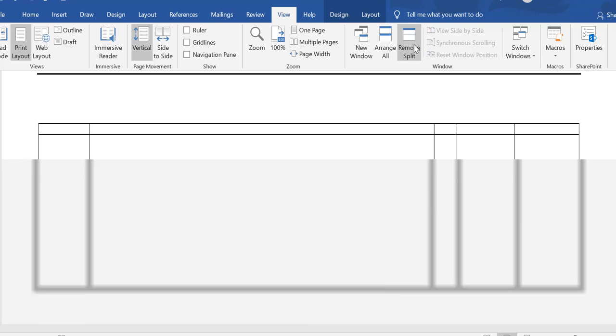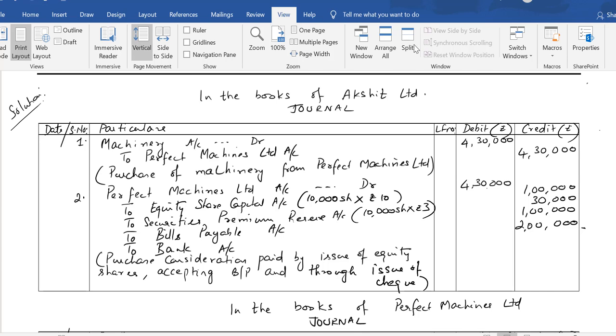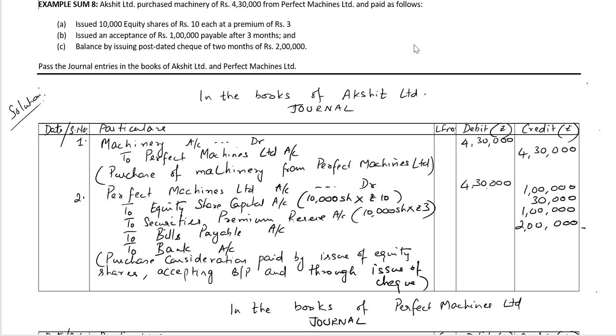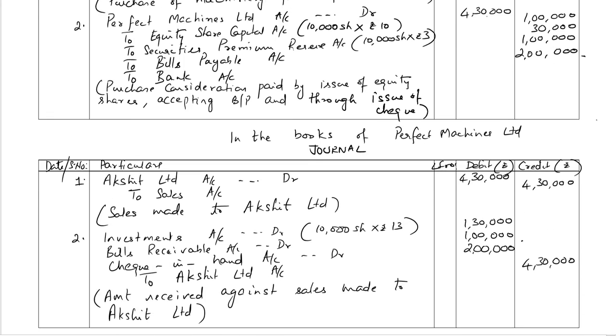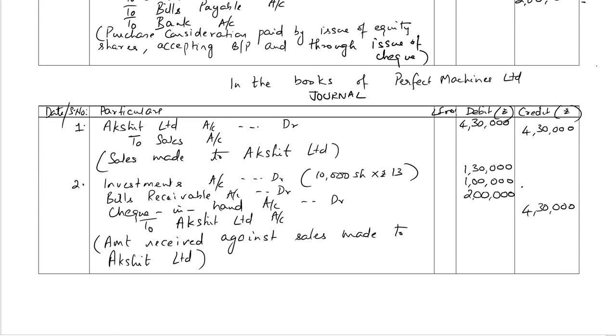I'll remove the split, and we can view journal entries in the books of both the parties. This is the first part in the books of Akshit Limited. And this is the second part in the books of Perfect Machines Limited. This is the answer to example 8. Let's go on to example 9.